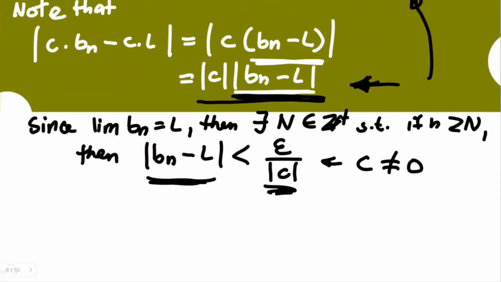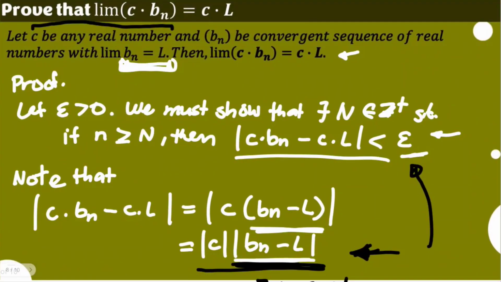We will be using this, making sure that c is not equal to 0, but the possibility of 0 is still here, because that's part of the definition. However, if you consider c equal to 0 here, the sequence would be a constant sequence of 0, and obviously it would be converging to 0 times L, which is still 0.